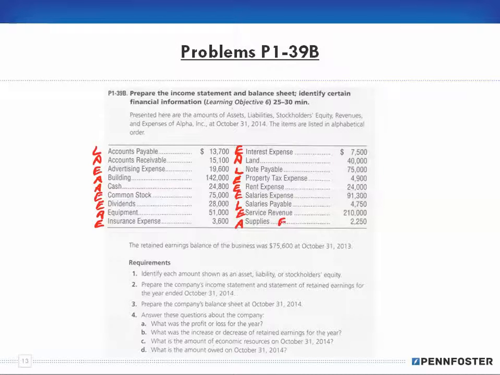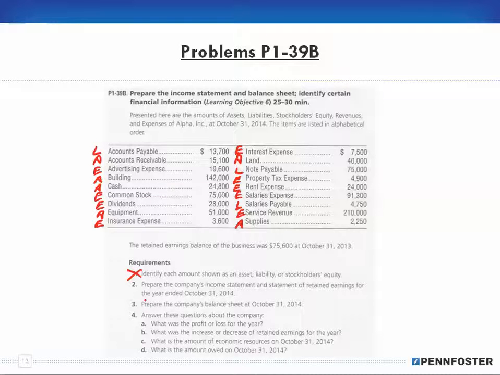But if it had said supplies expense, then obviously the expense would be on the income statement, and that would mean that this is an equity account. But because we don't see the word expense there, I think in terms of an asset. Okay, so that's number one.